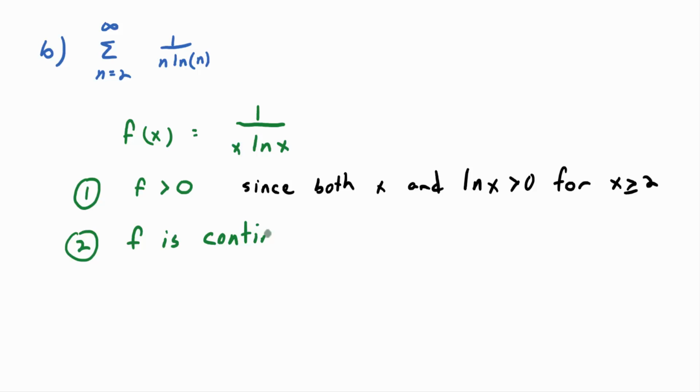And if you want an explanation, you could say since the product of x and natural log x, well, I guess to be very careful here, I could say this: since x and natural log x are both continuous.